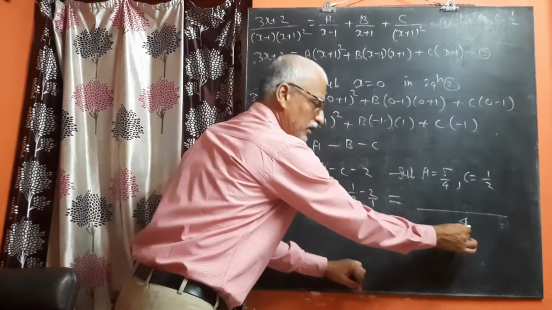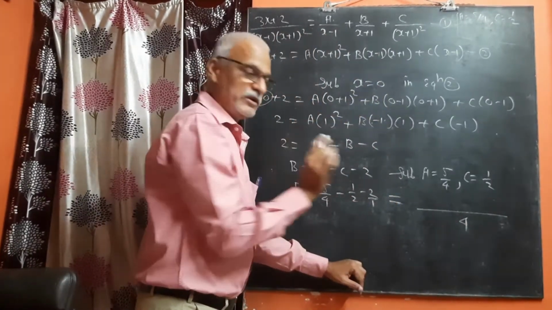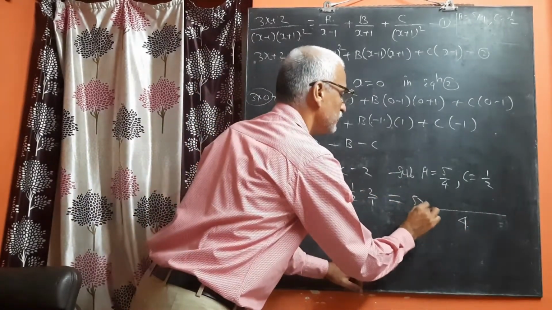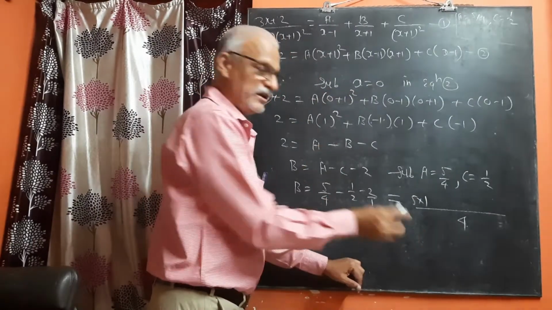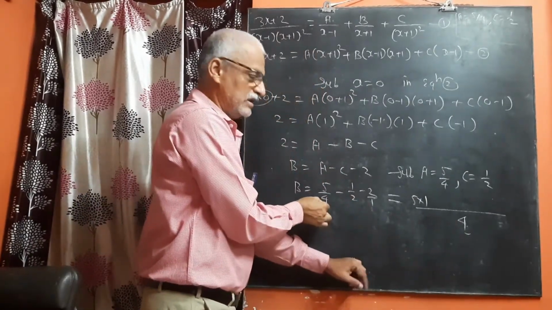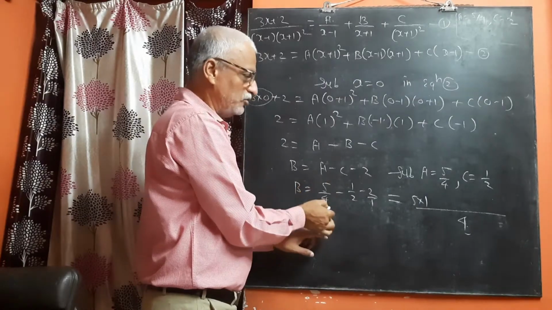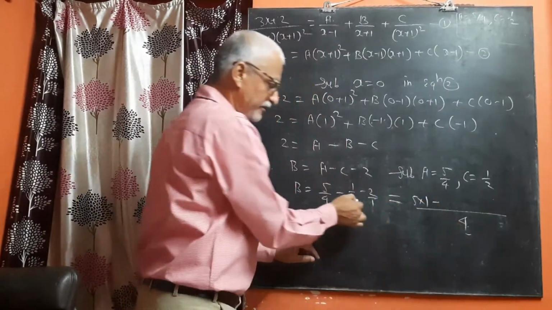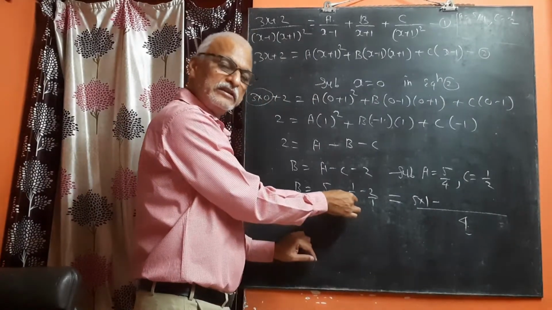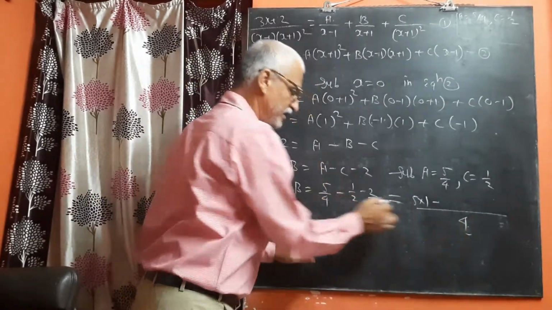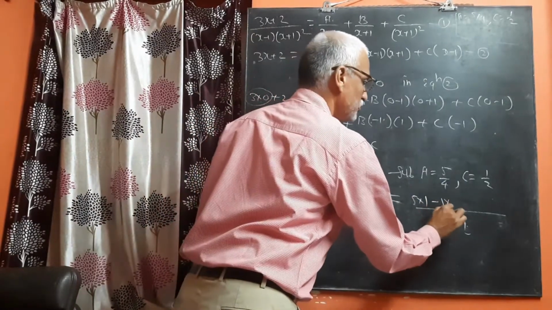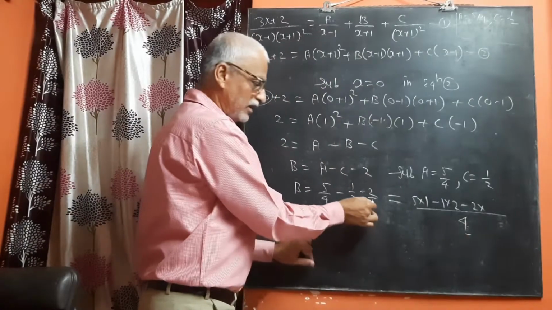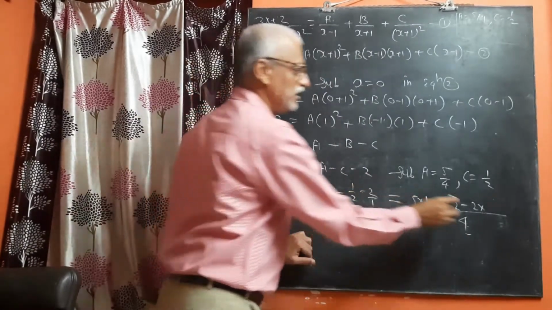Now listen here carefully. 4 divided by 4 is 1, so that will be 5 into 1. This minus sign as it is, minus 4 divided by 2, how much is that, 2, so minus 1 into 2, minus 2 into 4 divided by 1, that is 4, so into 4.